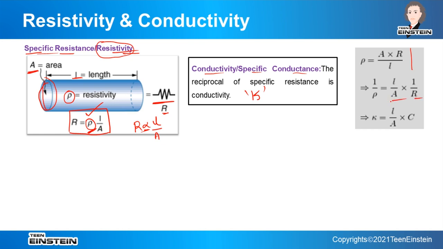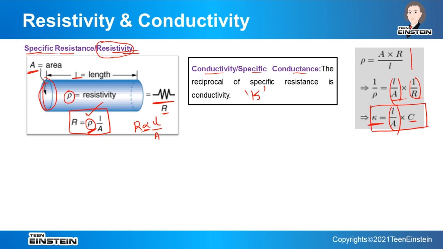Now L by A is the cell constant, and we know that 1 by R is conductance. So ultimately the relationship of specific conductance with conductance is this equation: kappa, that is specific conductance or conductivity, is equal to cell constant into conductance.